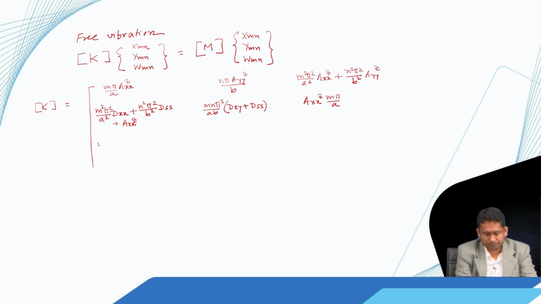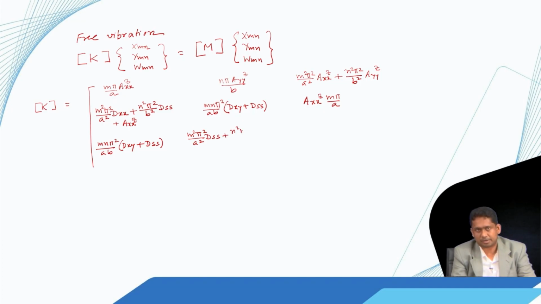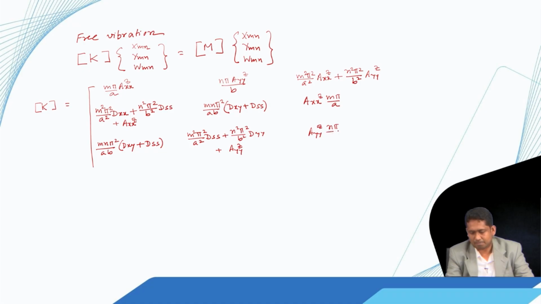The third row starts with mn pi square by ab multiplied with dxy plus dss, and then we have m square pi square by a square into dss plus n square pi square by b square multiplied by dyy, and then we have plus ayyz, and the last term is ayyz n pi by b.